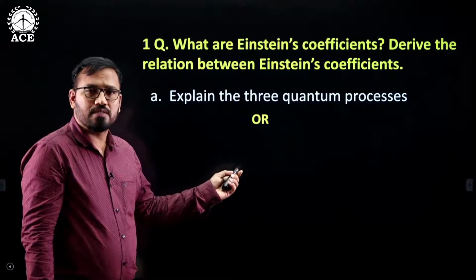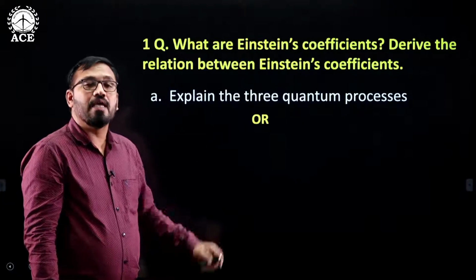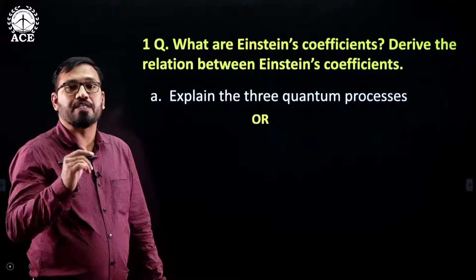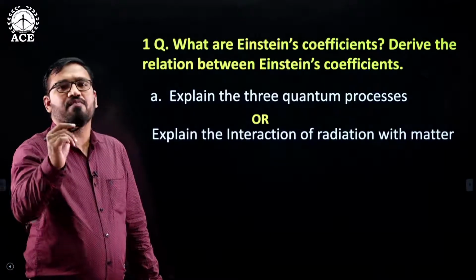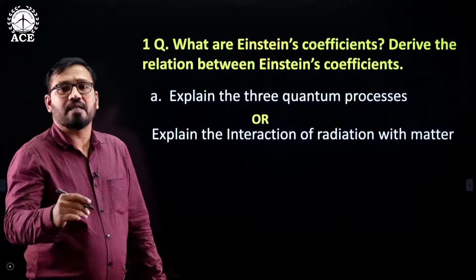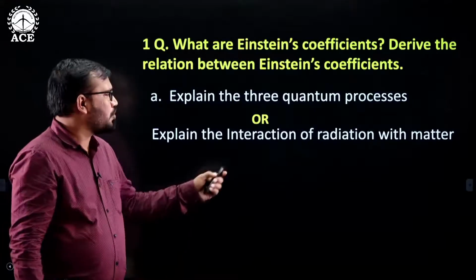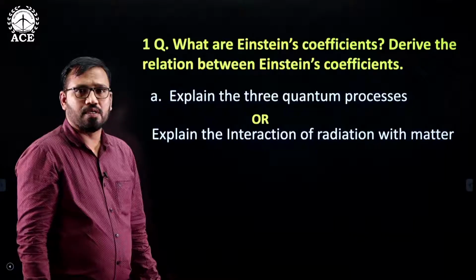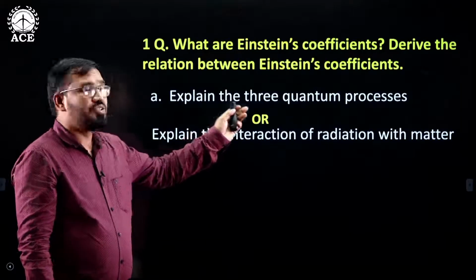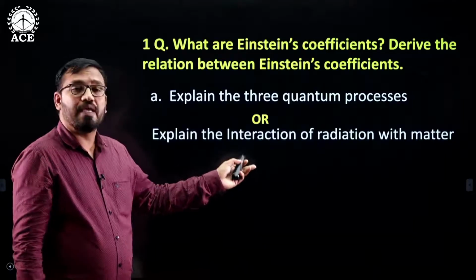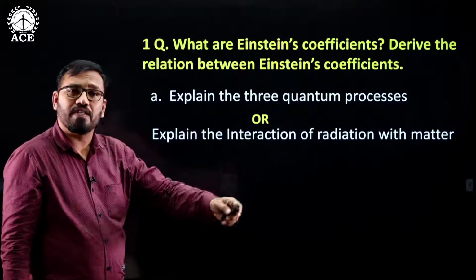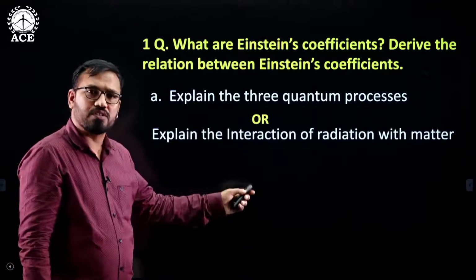What is radiation here? Light. Light is interacting with matter, and matter is nothing but atom or molecule. So both are the same questions only. Explain the three quantum processes, or you can write, explain the interaction of radiation with matter.